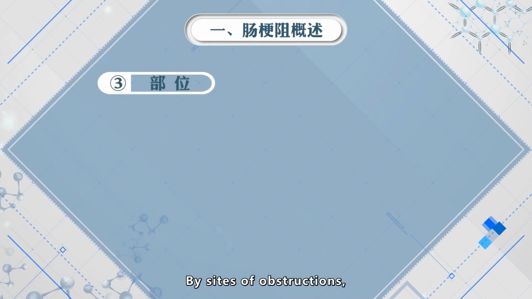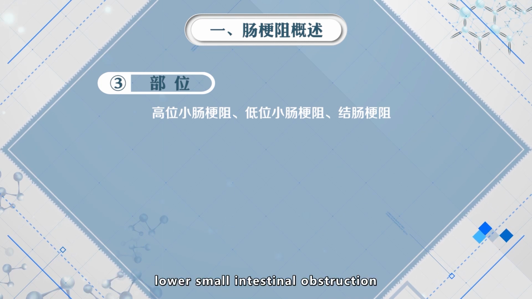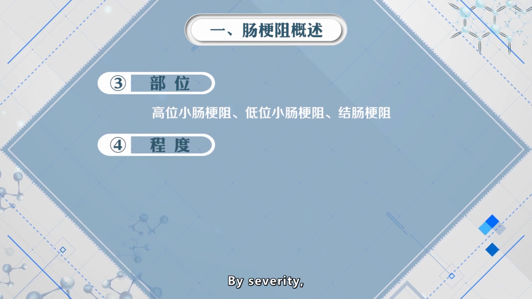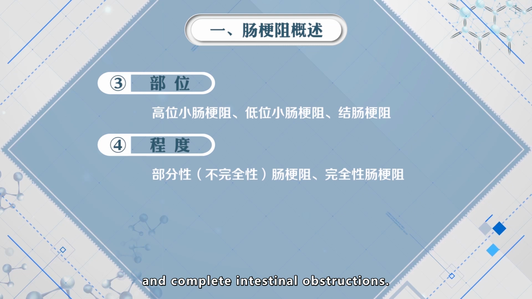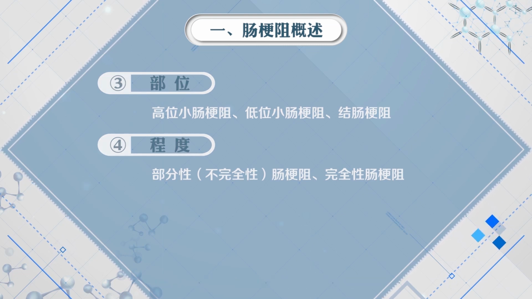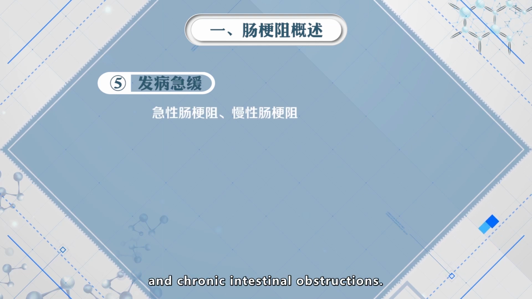By site of obstruction, it is divided into upper small intestinal obstruction, lower small intestinal obstruction, and colonic obstruction. By severity, it is divided into partial and complete intestinal obstruction. By urgency, it is divided into acute and chronic intestinal obstruction.